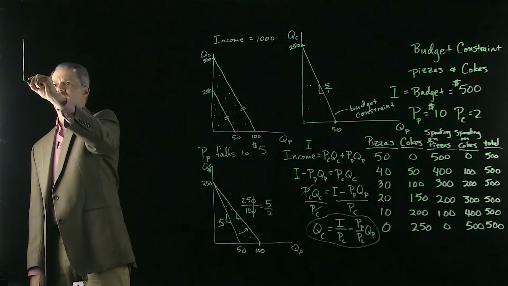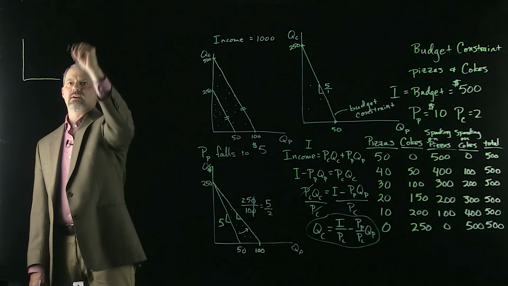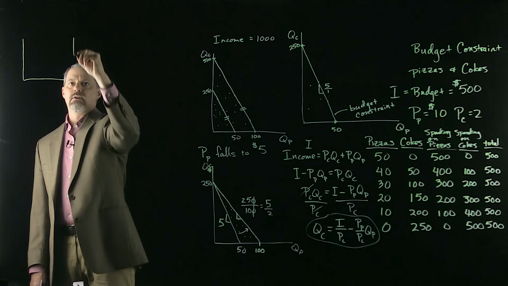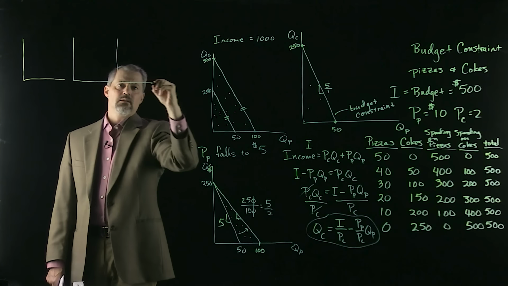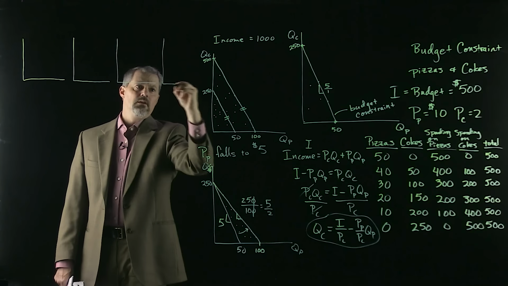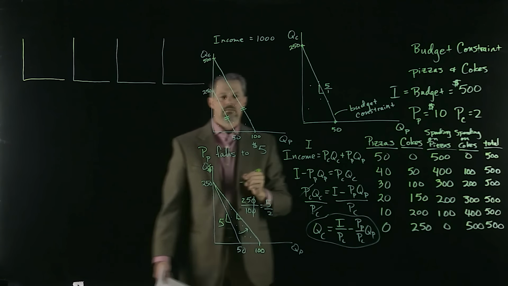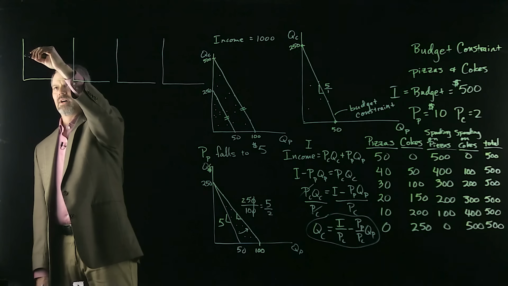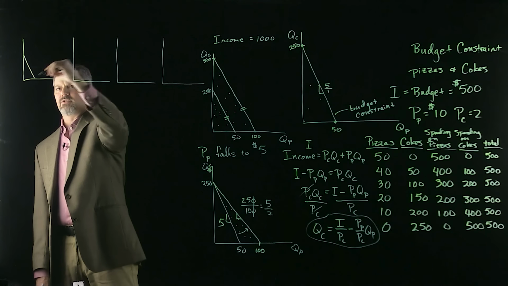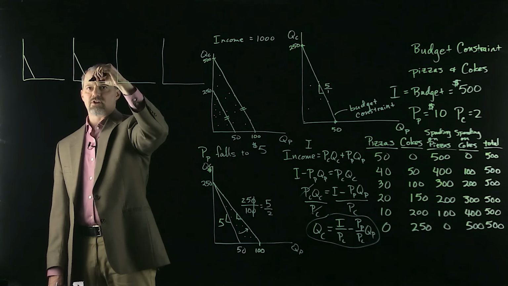Let's suppose I'm not going to label everything. I always get on to my students when they don't label stuff. But I'm going to do that for the sake of brevity here. I'm going to draw a budget constraint in each of these, just like the one we're starting out with.